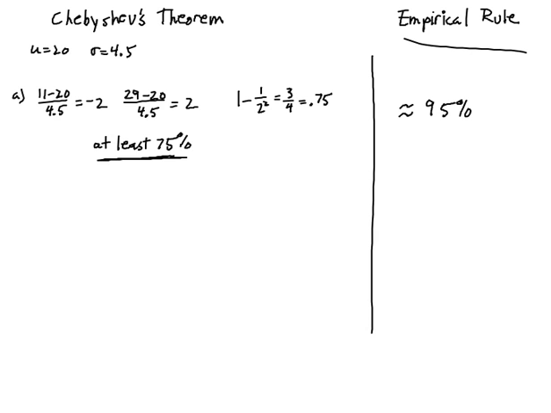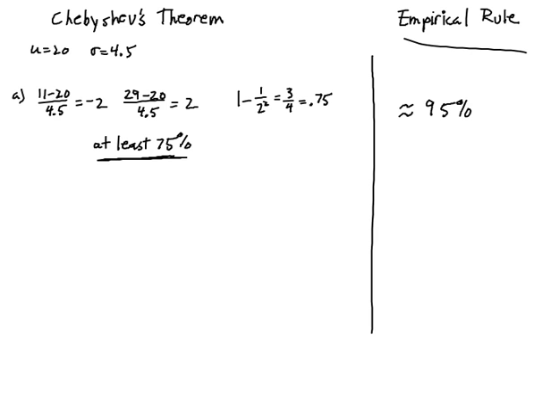At least 75% does not contradict approximately 95%. At least 75% is 75% or more. It could be 95%. And if it's a mound-shaped distribution, it is approximately 95%. But Chebyshev's guarantees that in any data set, regardless of whether it's mound-shaped, at least 75% of the values will be within 2 standard deviations.